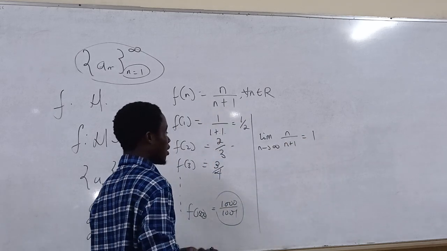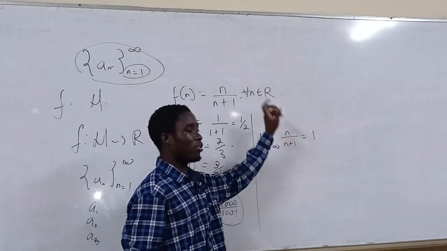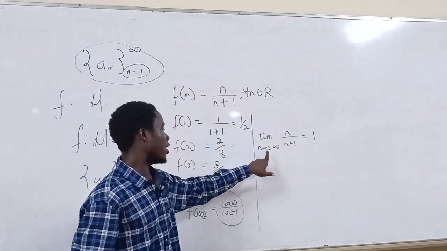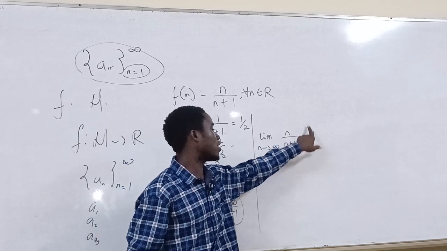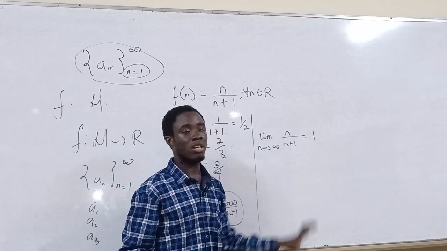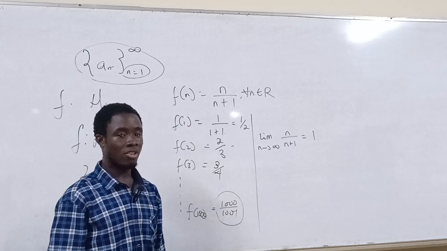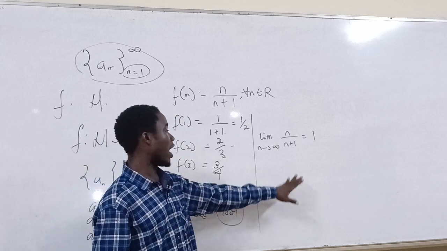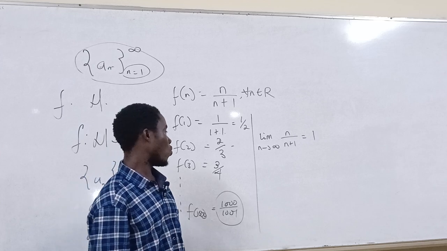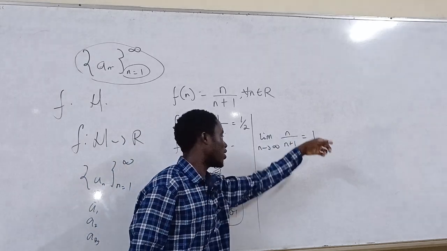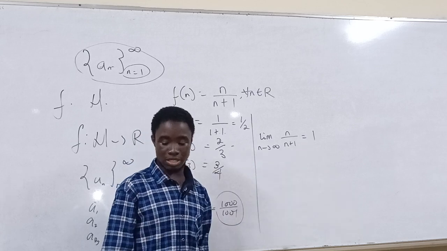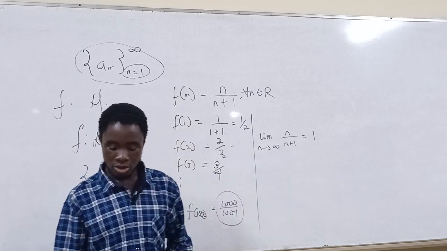So as n increases, the function converges, or gets closer to 1. That's where we introduce the idea of limit at this point.